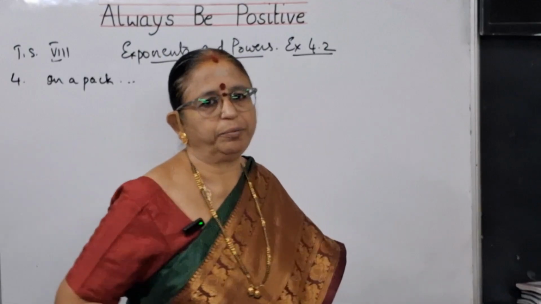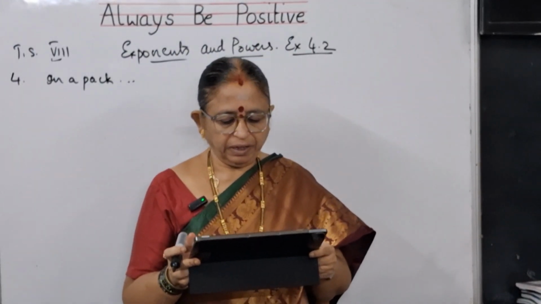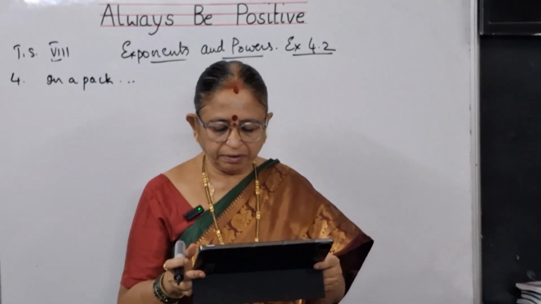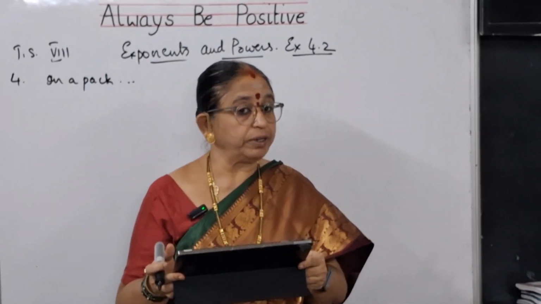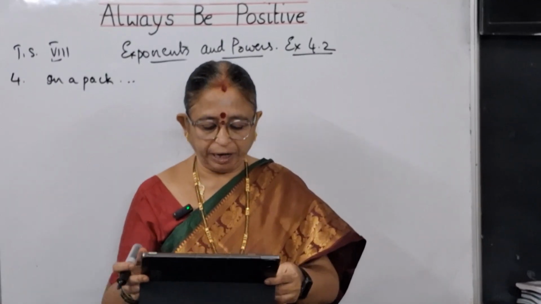Let me read the problem for you. In a pack, there are 5 books, each of thickness 20 mm, and 5 paper sheets, each of thickness 0.016 mm. What is the total thickness of the pack?